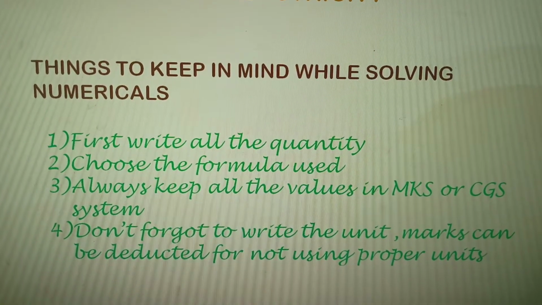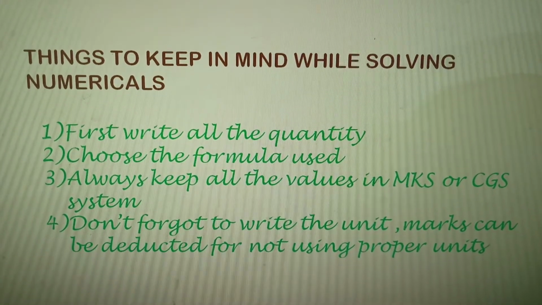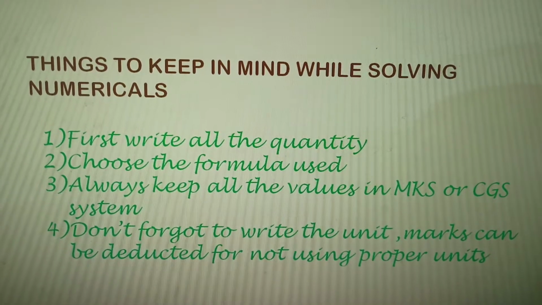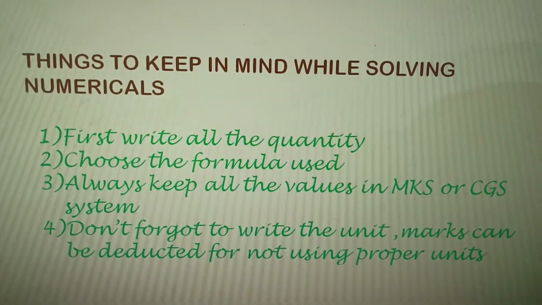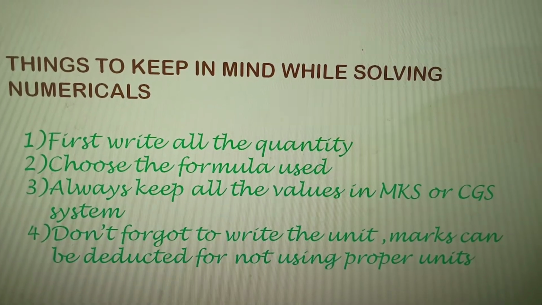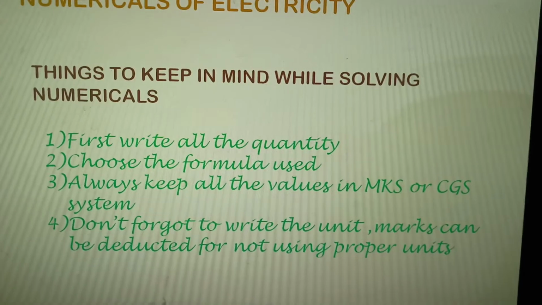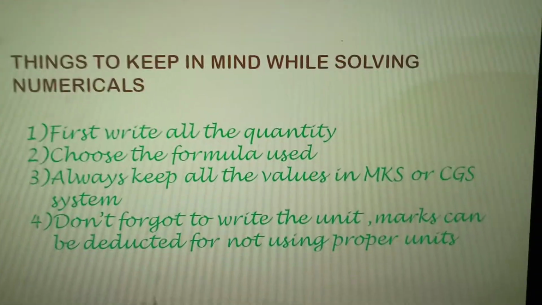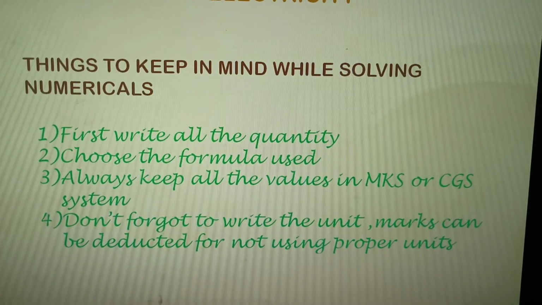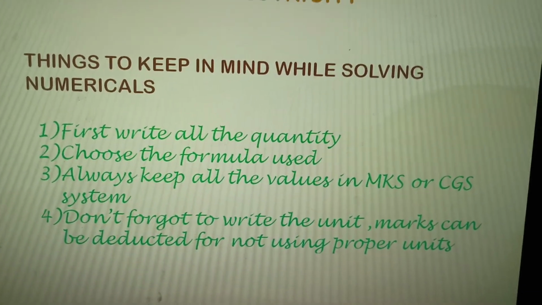Then always keep the values in the MKS or CGS system, that means either meter kilogram second or centimeter gram second. Do not forget to write the units, as marks can be deducted. It is very, very important whenever you are doing a numerical to beware of units, because if you do not write the units, marks may be deducted. So these are the few things that you have to keep in mind while doing the numericals. Now let us start.